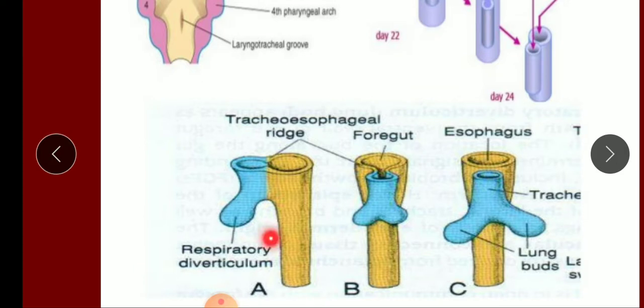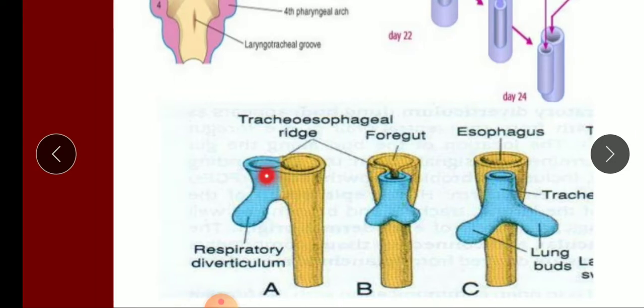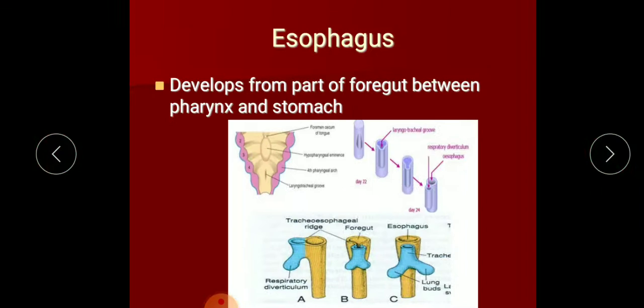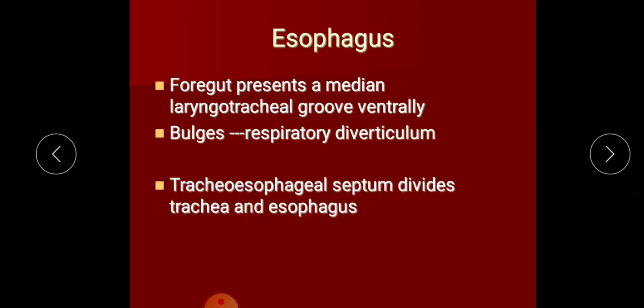This septum will extend upward so as to divide that region into a ventral part termed the trachea, which forms part of the respiratory system, and a posterior or dorsal part, the esophagus.